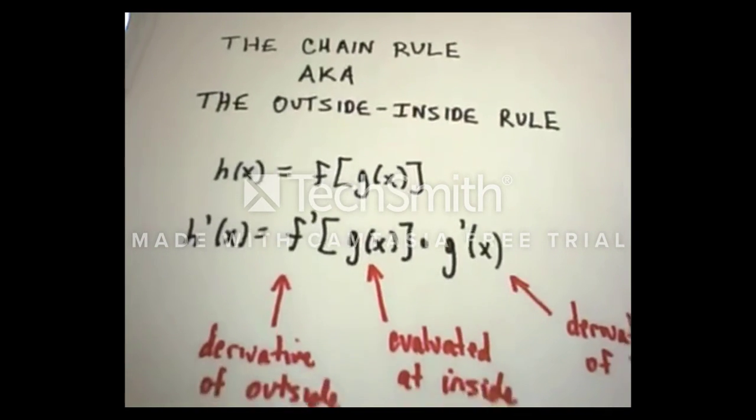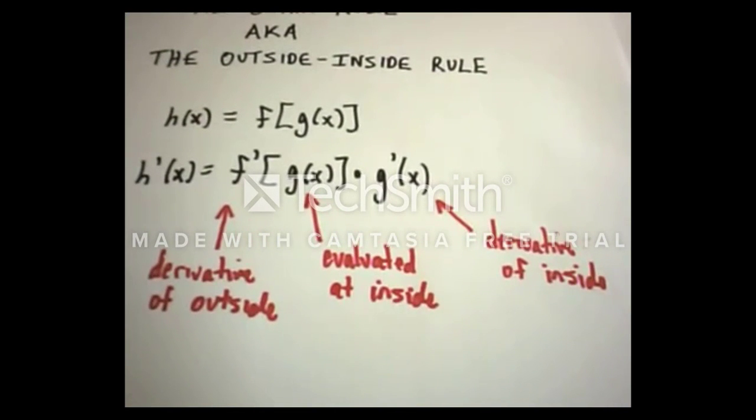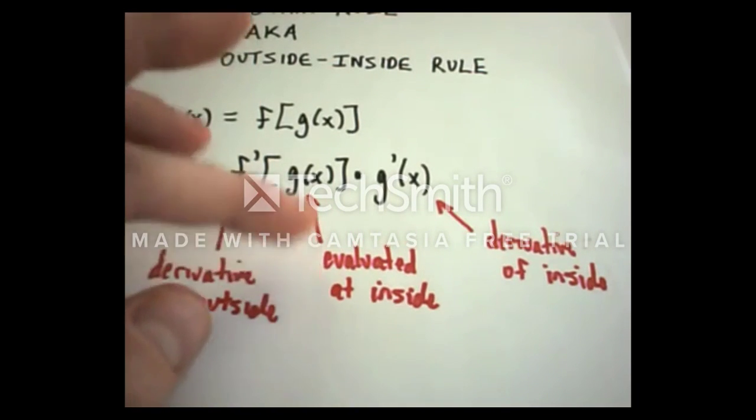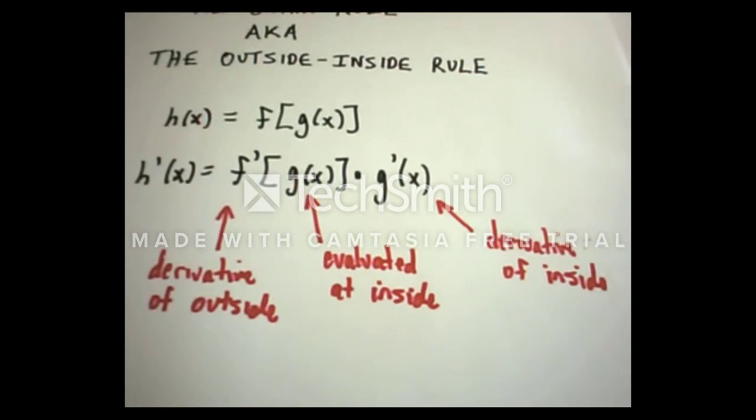So in terms of this outside-inside rule, notice you basically get the derivative of the outside function, evaluate it at the inside function, and then you multiply that by the derivative of the inside function. And that's the basic idea with the chain rule.